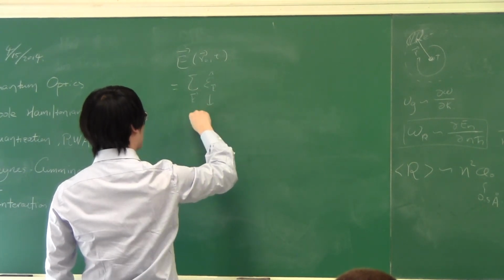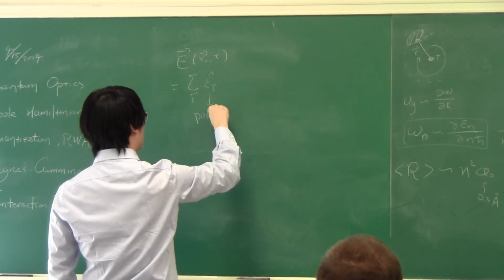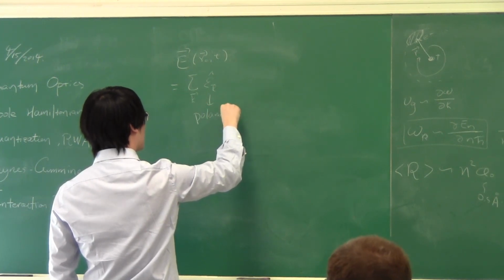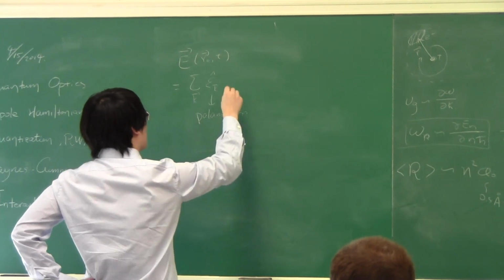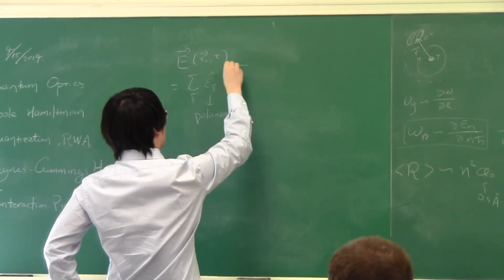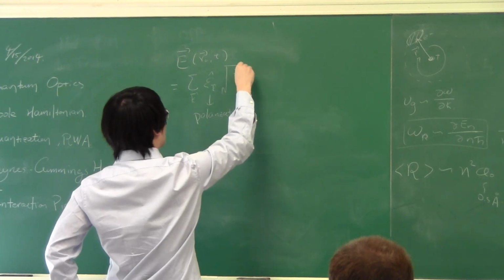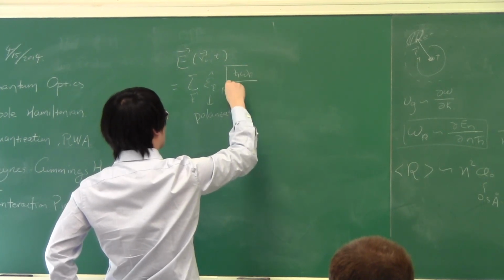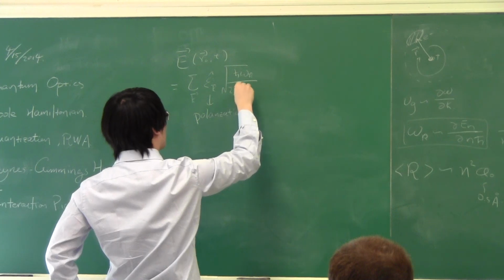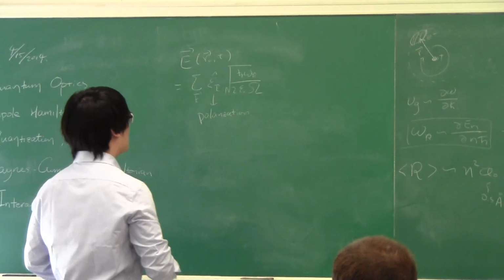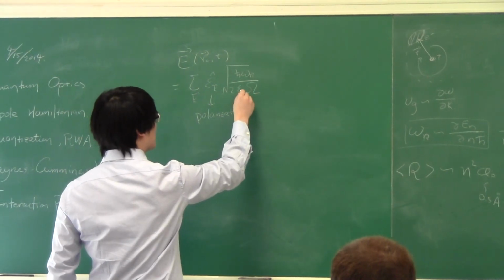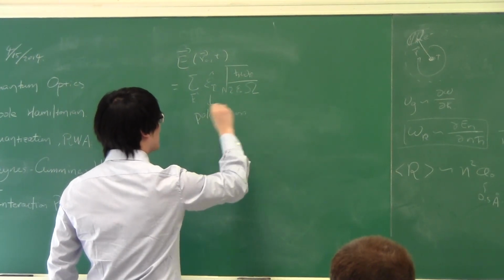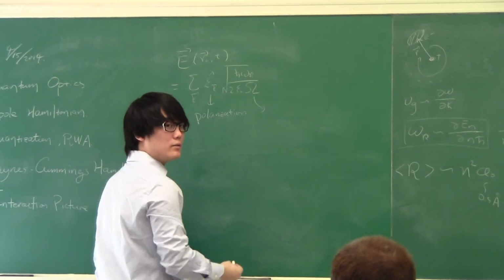Let me indicate that this is the polarization. And then there will be a factor that's like this: ħω_k divided by 2 times big Omega. And let me tell you what these are. This is the permittivity of free space. This is the quantization volume.